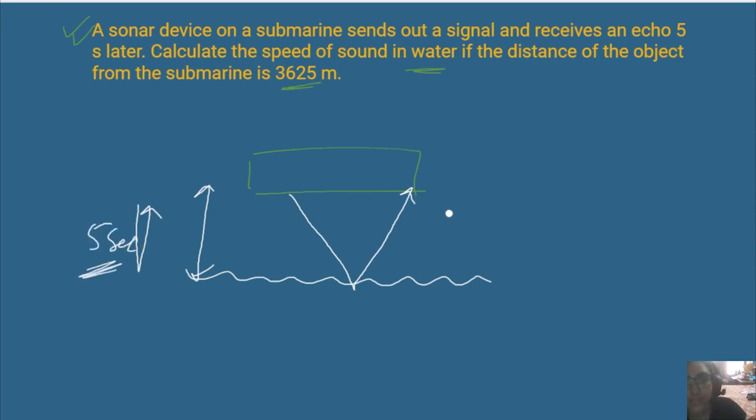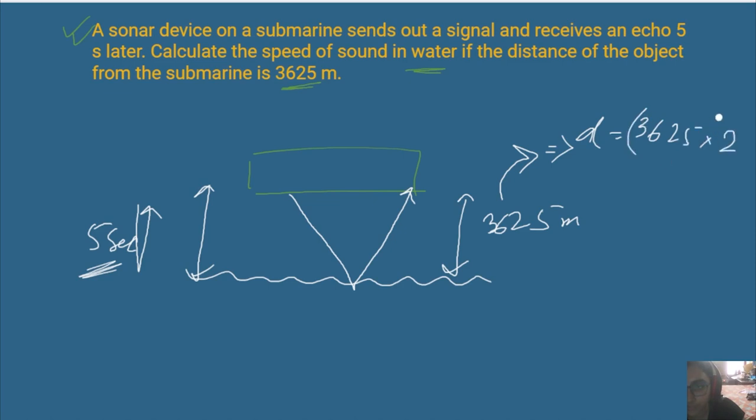The distance is 3625, but the distance covered by the sound to reach the submarine back is 3625 into 2, right? So the distance will be 3625 into 2, which comes to 7250 meters. Now we have the distance and the time. What we have to calculate is the speed of sound.